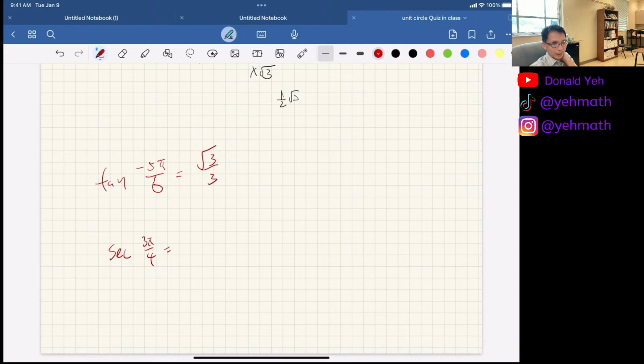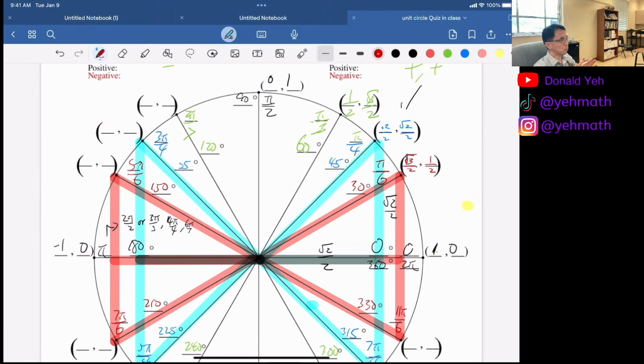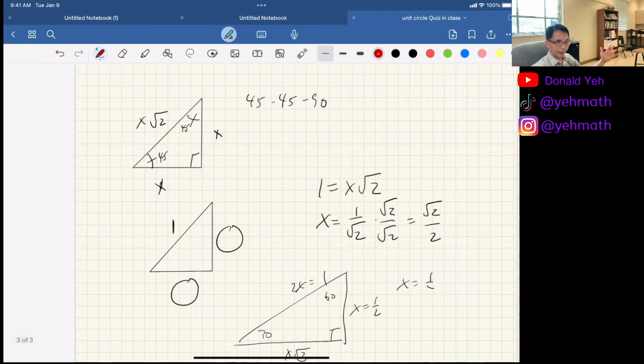So first of all, how do I get this first one? Charlie, did you get this one or no? Tangent? Okay, the best way to do this is to take a longer way and you will start seeing it. So the cosine of negative 5 pi over 6, like this. This is the red triangle. If 5 pi over 6 is the red triangle here, it is wider in length, whereas the other is a fatter triangle.